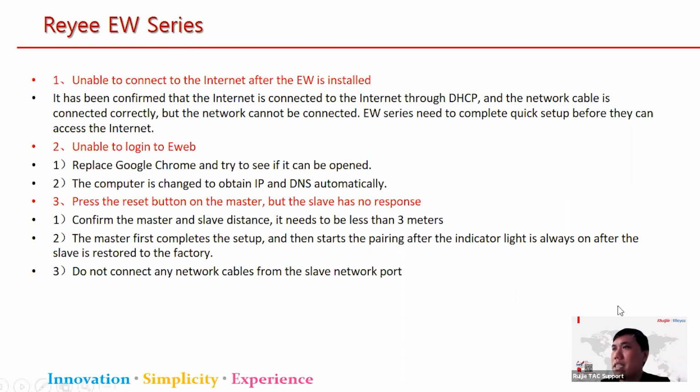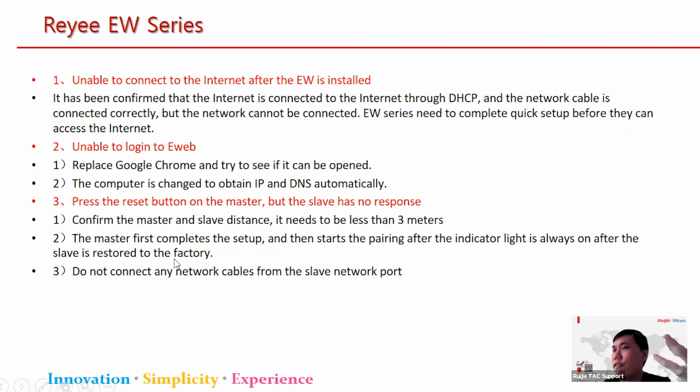This is a good distance coverage for wireless mesh. The master should first complete the setup, and then start the pairing after the indicator light is always on, after the slave is restored to the factory settings. You know what I mean? That means the wireless was not built successfully, so you need to do a factory reset.